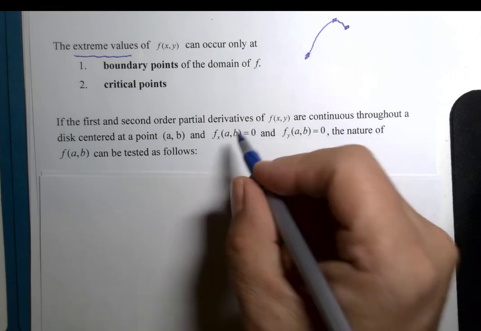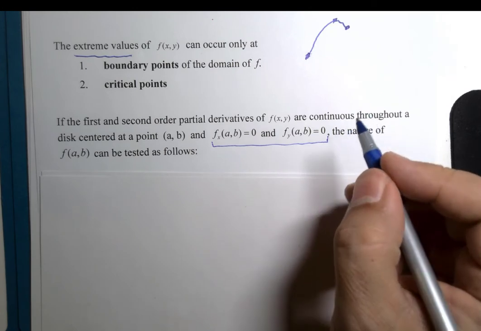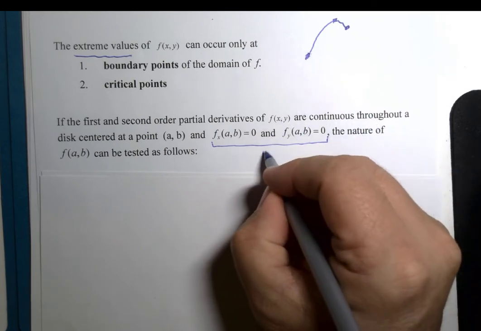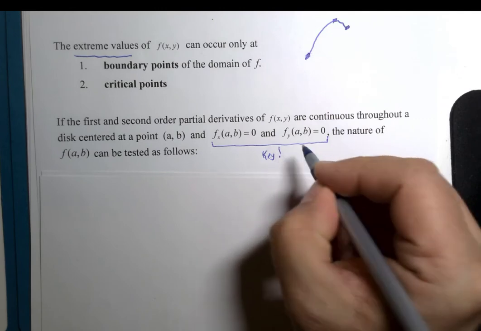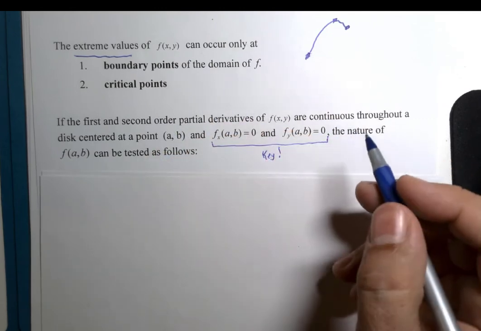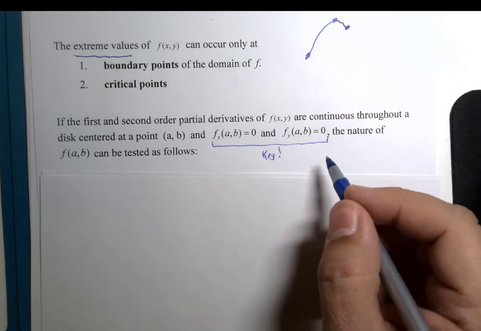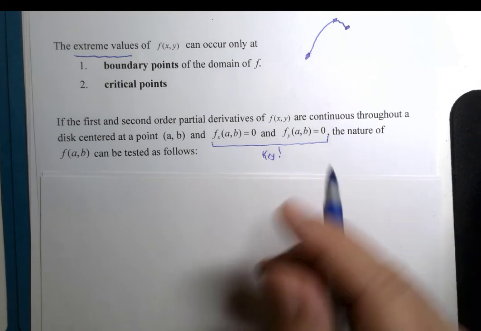Specifically, we're going to look at the case where both derivatives are 0 at the same time. Okay, this is key. We're not looking at the undefined case in what you're about to see. If you want to find out if you have a maximum, minimum, or saddle point, here's what you do.